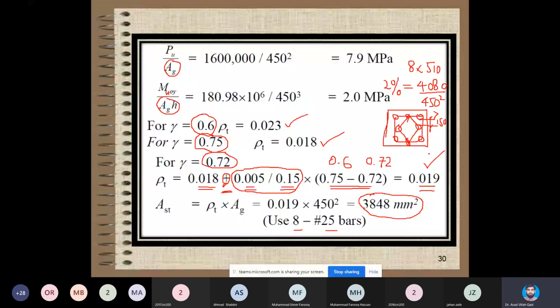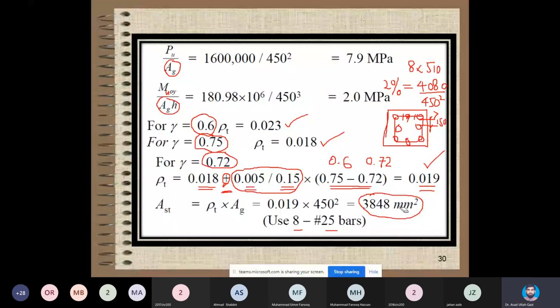So out of 450, you will subtract covers of 40 and 40 from either side, then 10 millimeter ties, then 25 millimeter bars, then there are two gaps. Once you calculate the clear gap, if it exceeds 150, then this internal tie will be mandatory. If it does not exceed 150, then you can remove this internal tie.